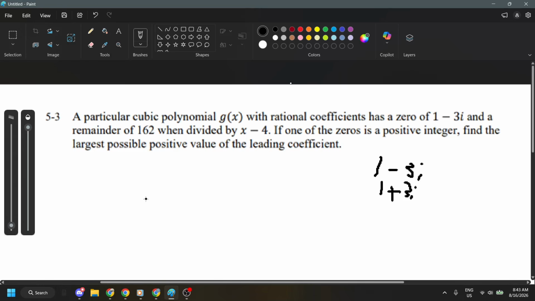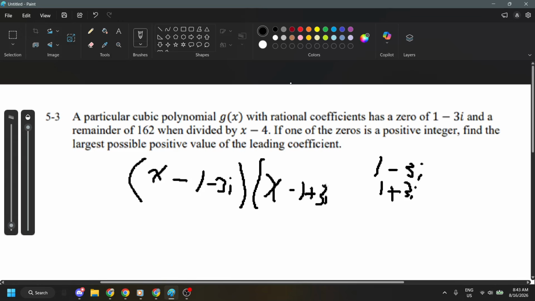So we know that it's going to be, how do we do this? Oh, I feel like we use a quadratic equation. It's going to be x minus 1 minus 3i times x minus 1 plus 3i.